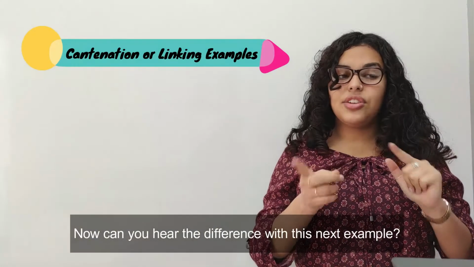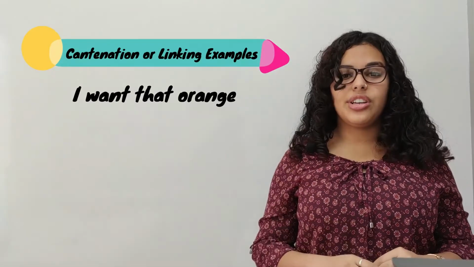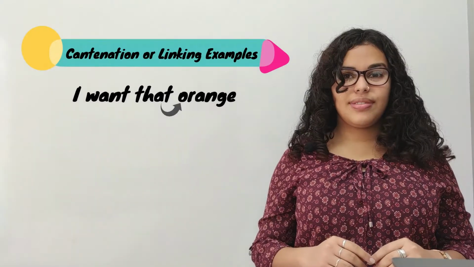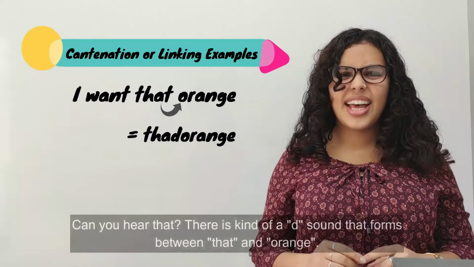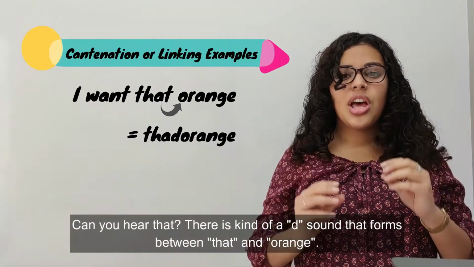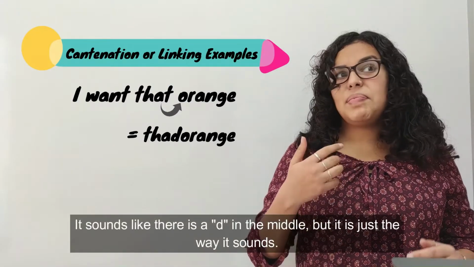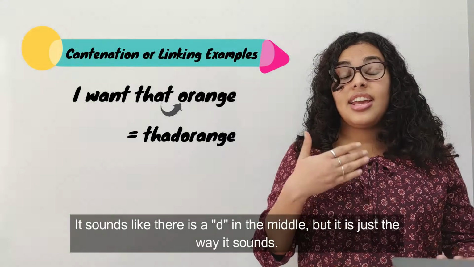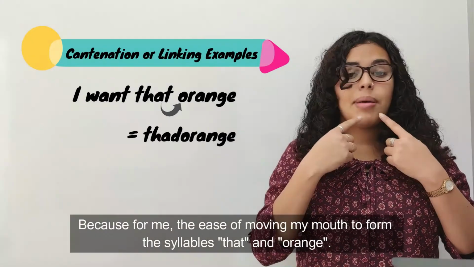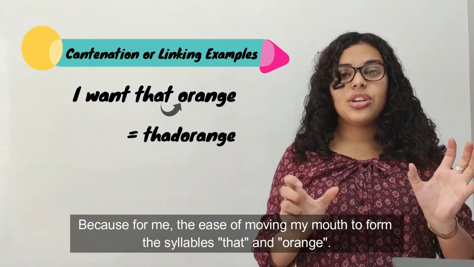Now, can you hear the difference in this next example? I want that orange. I want that orange. I want that orange. Can you hear that? There's kind of a D sound that forms between that and orange. It sounds like there's a D in the middle, but it's just the way that it sounds, because for me, it's easier moving my mouth to form the syllables between that and orange.